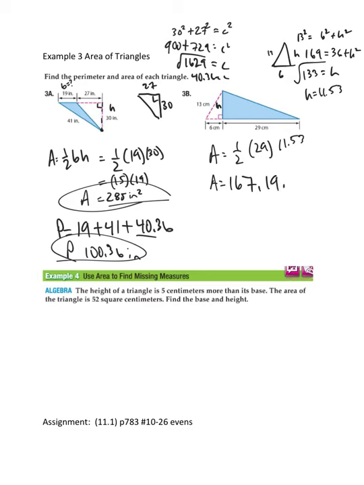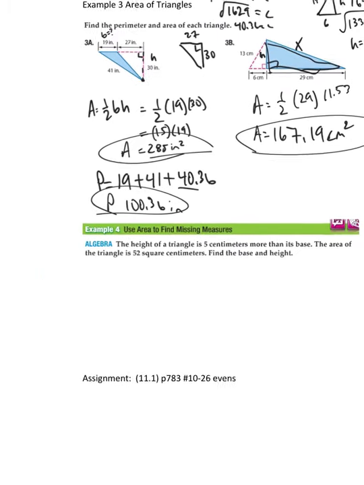Not inches squared, it's centimeters squared. Okay, so that's area. Guys, perimeter I'll leave to you. You would need to find that third side there, the hypotenuse of that right triangle here. Okay.